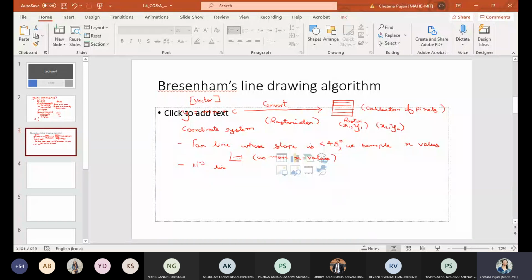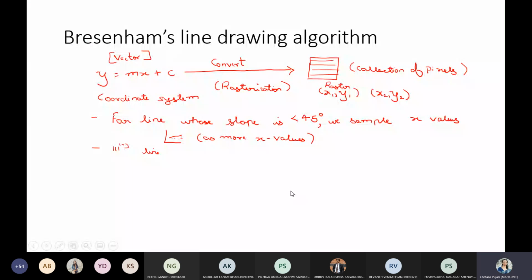Let's continue. Similarly, for the line whose slope is greater than 45 degrees, or you can say greater than 1, what are we going to sample, x or y?